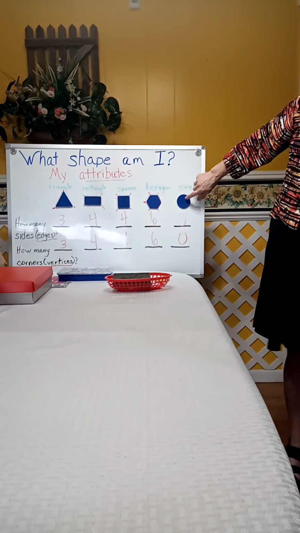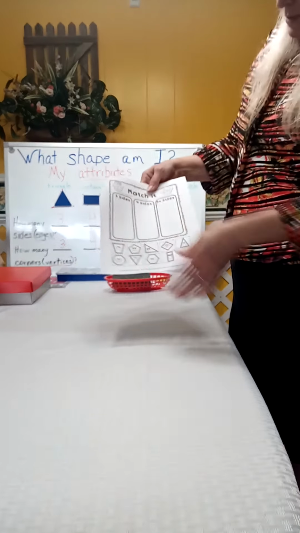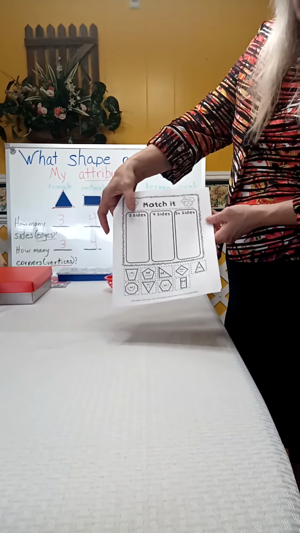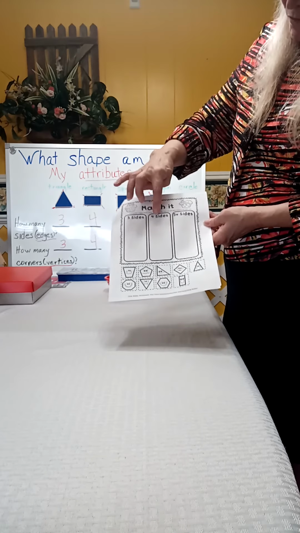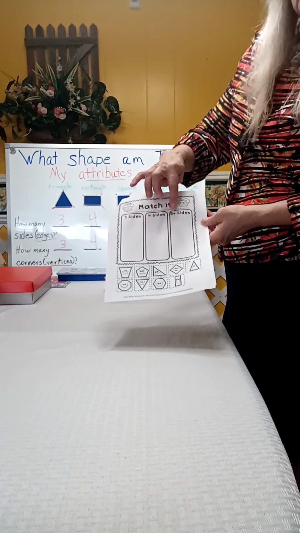When you finish that one, you get to do the next side. This one, you get to cut out, and you get to separate according to how many edges, 3, 4, or 5 or more. So if it's 6, does it go here?